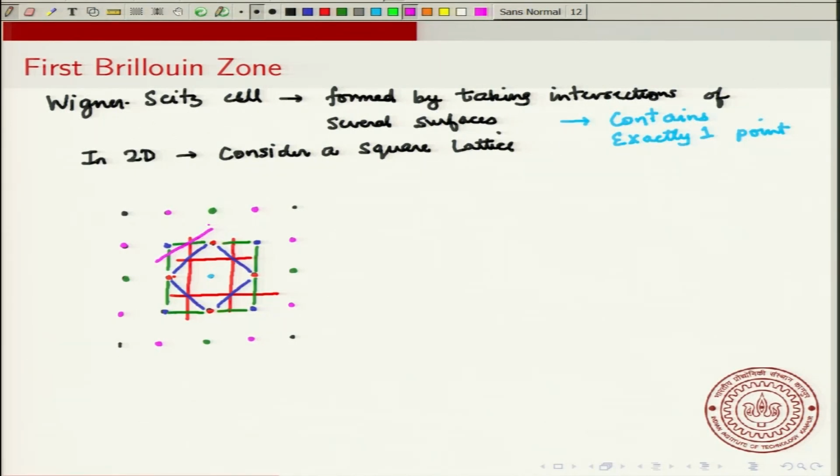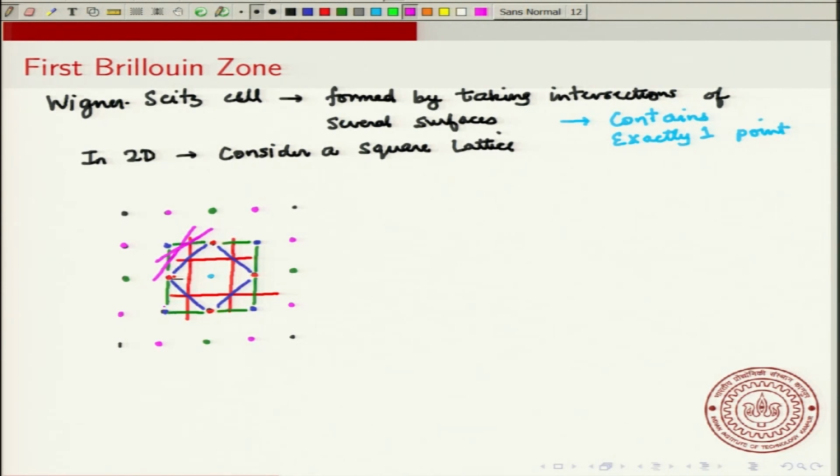So, I just bisected the segment joining this atom to this atom, and I will get this purple line. I do the same for these 2 atoms, and now I will get another purple line that looks like this. And you can do the same.